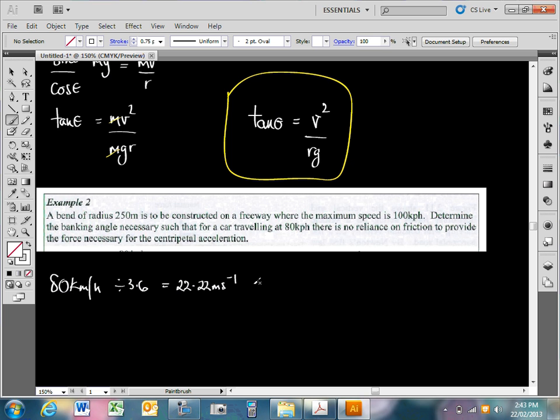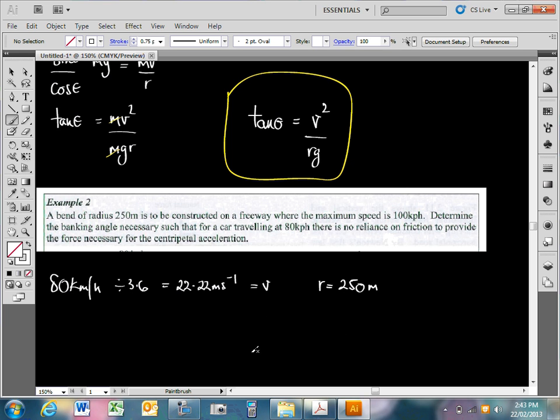Okay, so I've got my V, haven't I? What's my R? 250. Is that in standard units? Standard international units? Yes, it is. No reliance on friction to provide the force necessary.